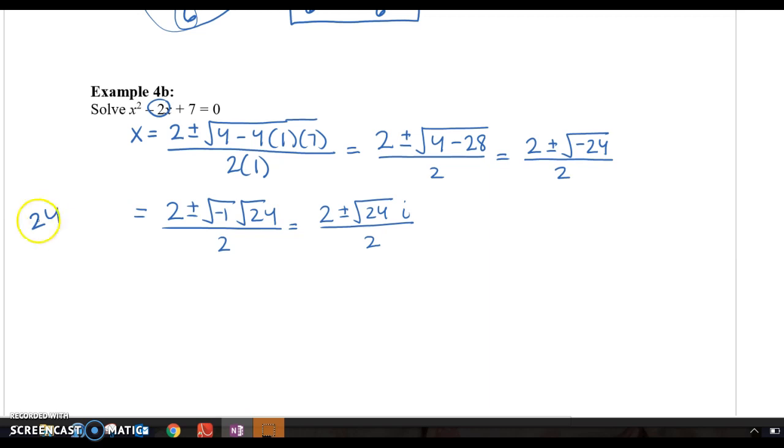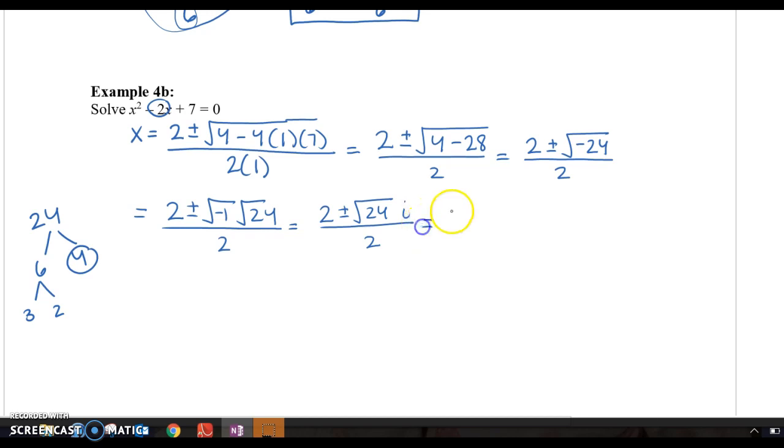So 24 splits into 6 and 4, and you'll get the same answer even if you start out with 8 and 3 or 12 and 2. So 6 can go to 3 and 2. No perfect squares there, but 4 is 2 squared.